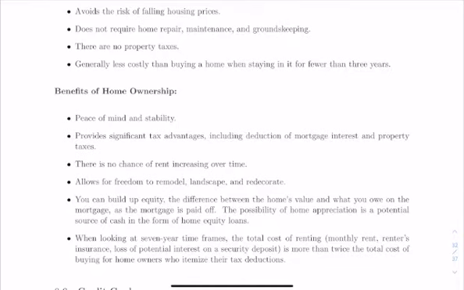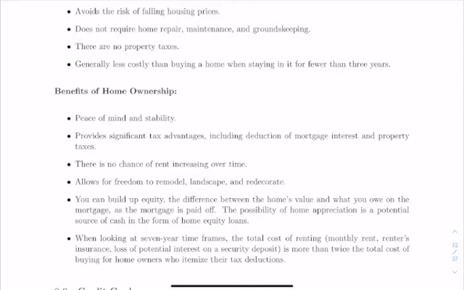Now, some benefits of homeownership are peace of mind and stability. It also provides significant tax advantages, including deduction of mortgage interest and property taxes. There is no chance of rent increasing over time. This allows for freedom to remodel, landscape, and redecorate. You can build up equity, the difference between the home's value and what you owe on the mortgage, as the mortgage is paid off.